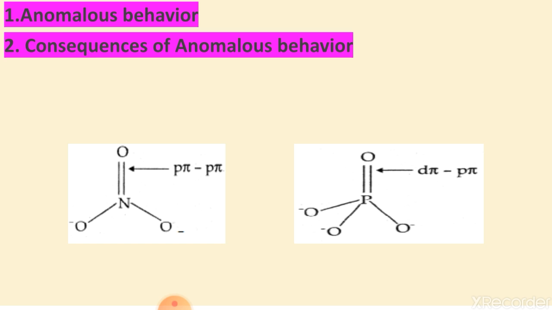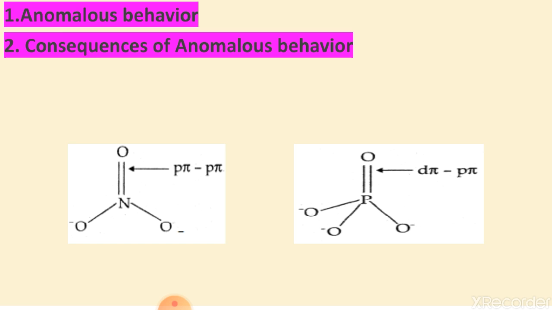That means the first element of each group in p block can form a maximum of 4 covalent bonds, but the other elements of p block have vacant d orbitals in their valence shell, so that's why they can form covalent bonds greater than 4. So this is the first consequence.